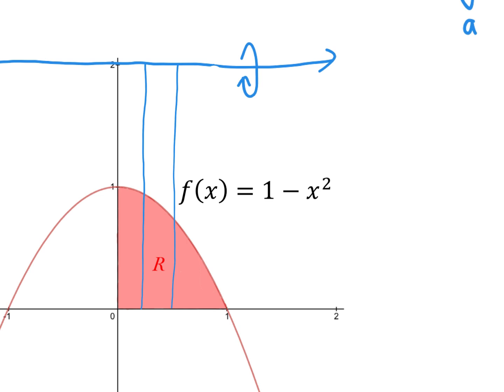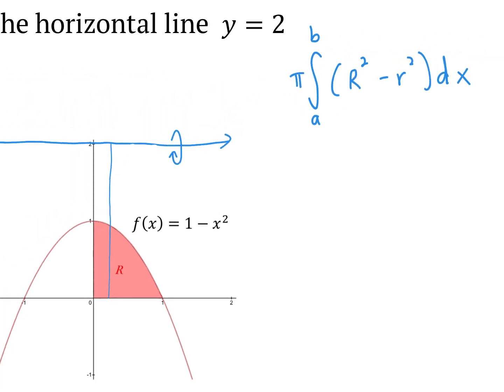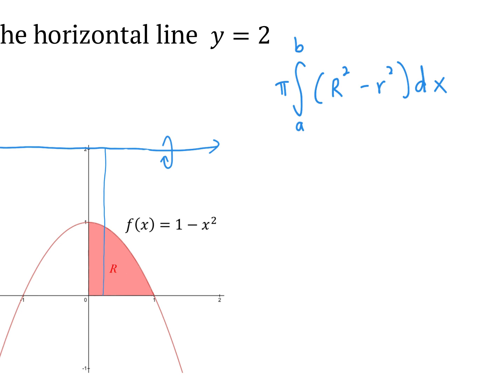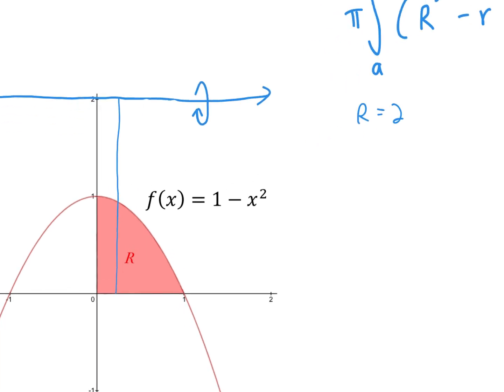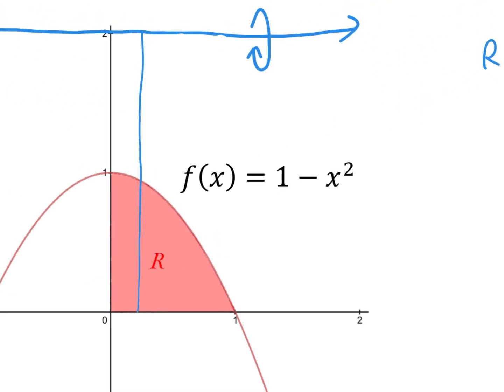Okay, let me erase these. Okay, little r, we're going to get when you rotate the inner part about that line. So really just draw a line from the inner part to the axis of rotation.